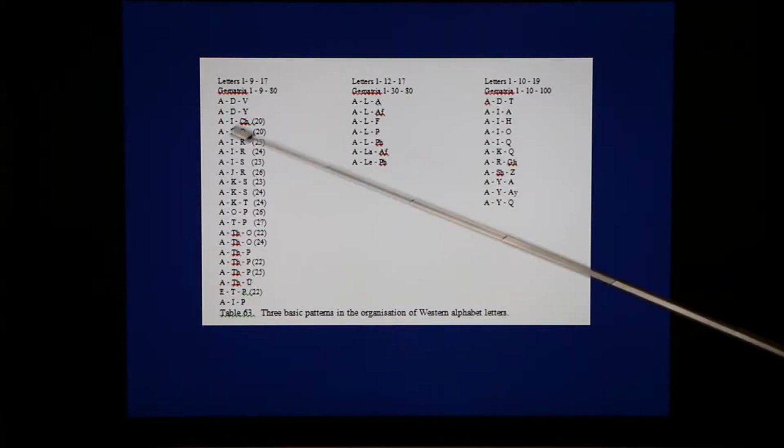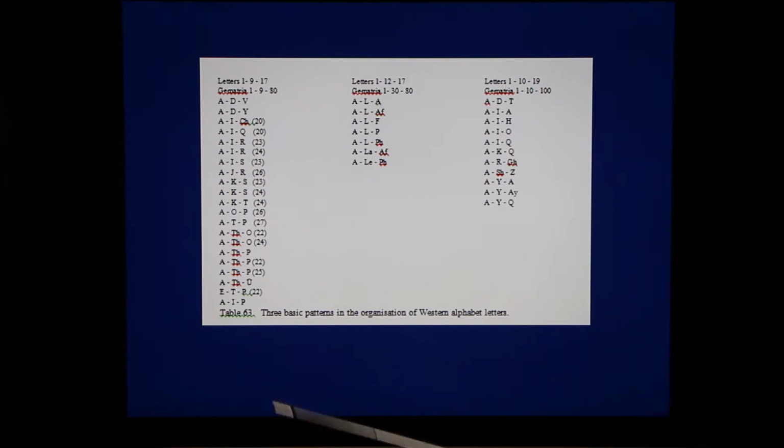So the obvious way is ABCD or ABGD, and those classes we will get to in the next lecture. But there are then patterns of letters. So I take letter 1, letter 9, and letter 17. They were arranged in rows, and so if I read along the left or the right hand, depending on which direction it's going, then I get ADV, ADY, AICH, and so on.